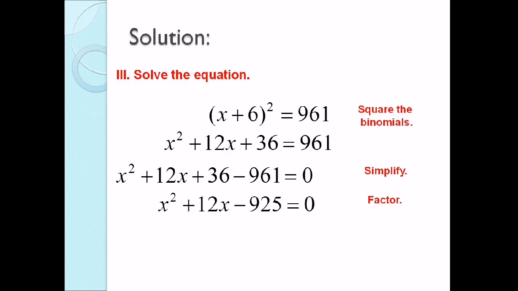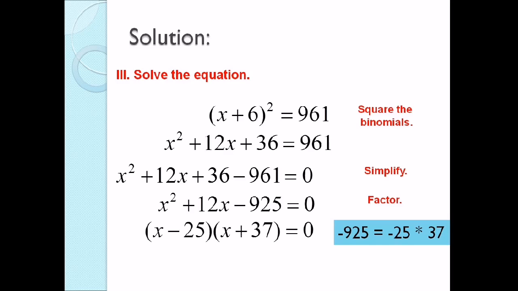The factors are negative 25 and 37, because when you multiply them, they give negative 925, and when added, 37 minus 25 is 12. And then we come up with our factors: x minus 25 and x plus 37 equals 0.